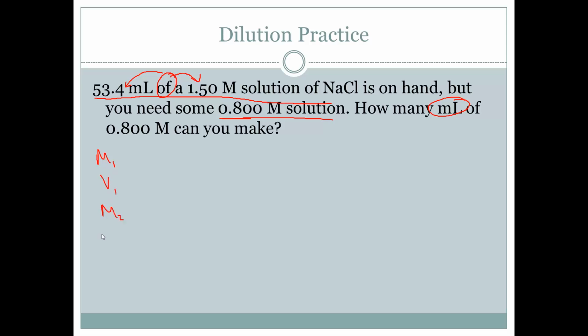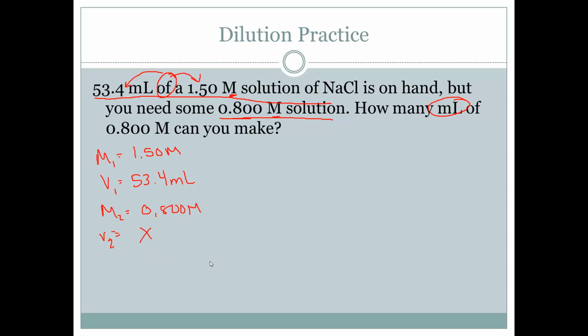You know you're going to be doing a dilution because you have two different molarities, one volume, and you need the other volume. The fact that you're going from a heavy concentration to a lighter concentration tells you you have a dilution. So the first molarity, the stock solution, is 1.50 molar, and it's 53.4 milliliters. We're trying to make 0.800 molar, and we're trying to figure out how many milliliters that is.